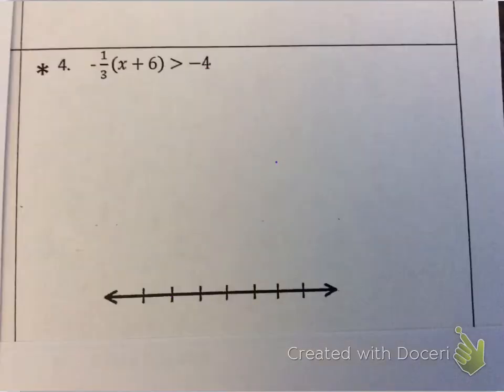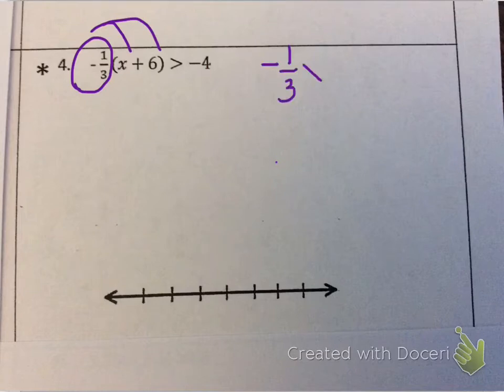Question number 4. We have negative 1/3 times the quantity of x plus 6 is greater than negative 4. If you remember when we were doing equations, the first step was that you had to distribute your negative 1/3. So I'm going to multiply negative 1/3 times x, which gives me negative 1/3 x, and negative 1/3 times a positive 6 gives me a negative 2.